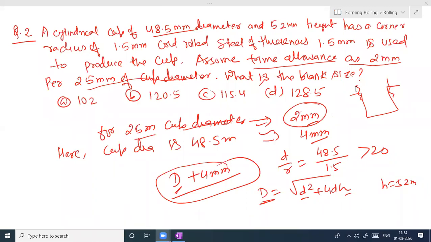Like my basic salary is 1 lakh, dearness allowance is 10%, so 10% I add. Transport allowance is 20%, so 20% is added. Finally, there is a gross income. Similarly, trim allowance means you have to add 2 millimeter for 25 millimeter, and because cup diameter is 48.5, I added 4 millimeter.